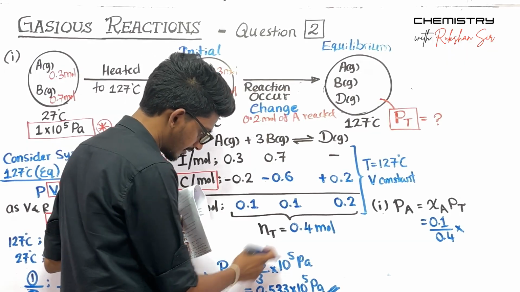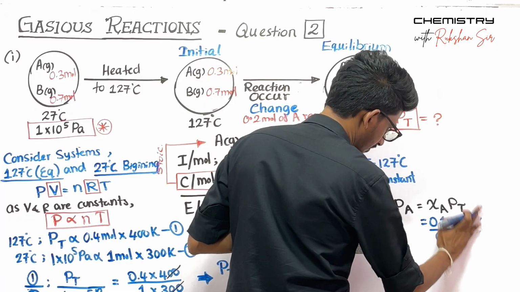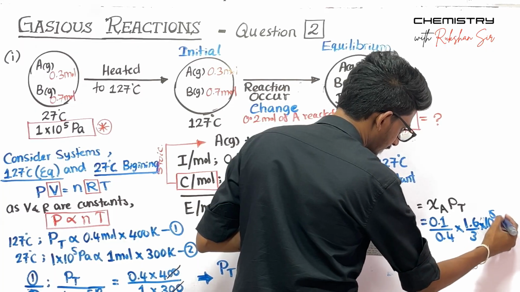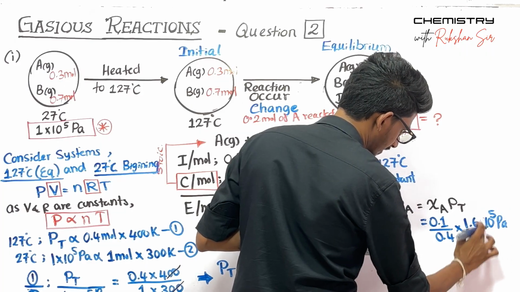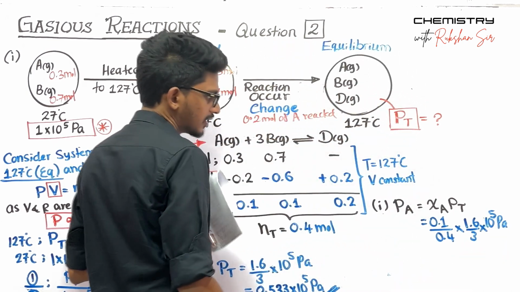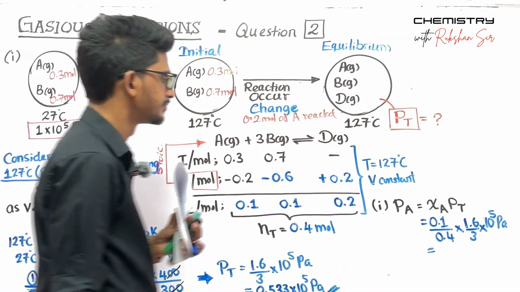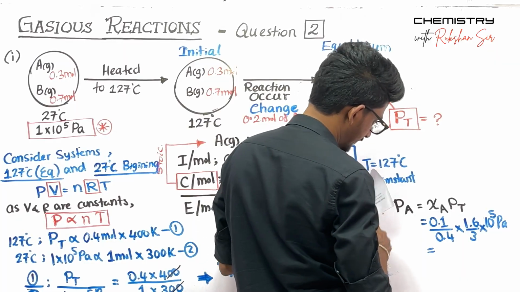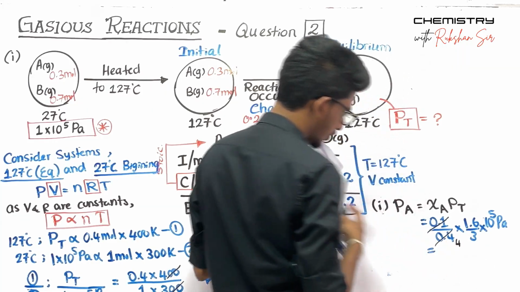I'll put it like this, no? 1.603 into 10 to the power 5. I would find it easy to solve the substitution like that. So this is going to be like 4 is there, 4 is there.